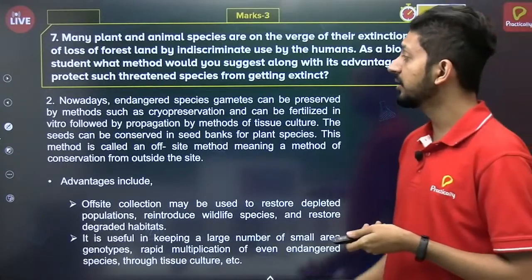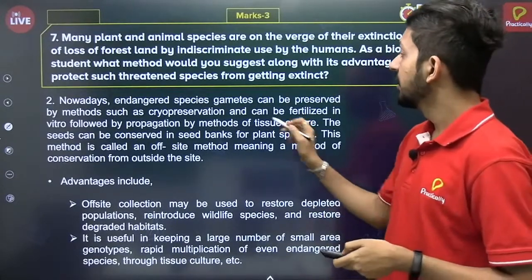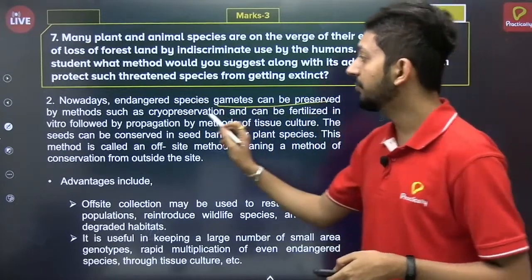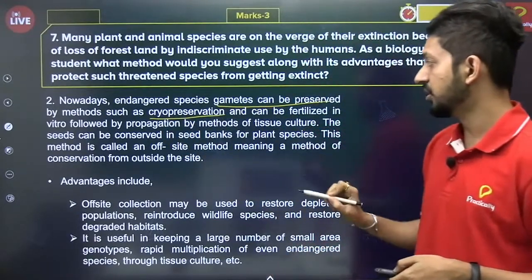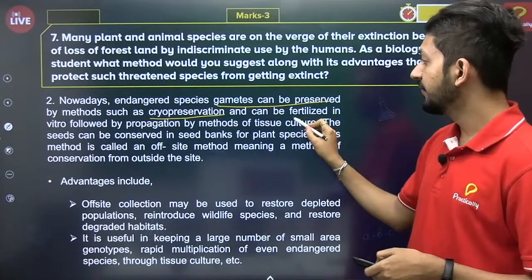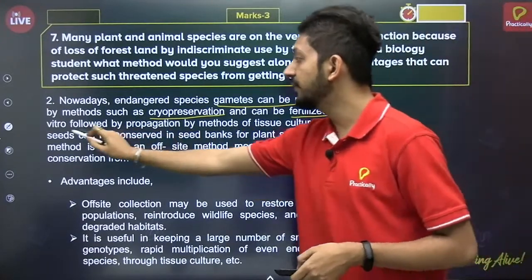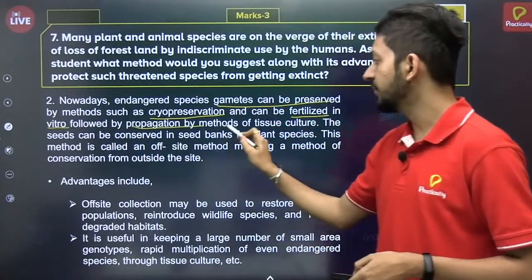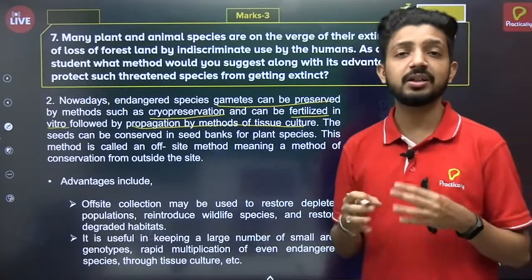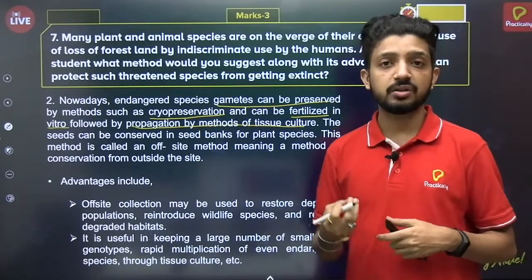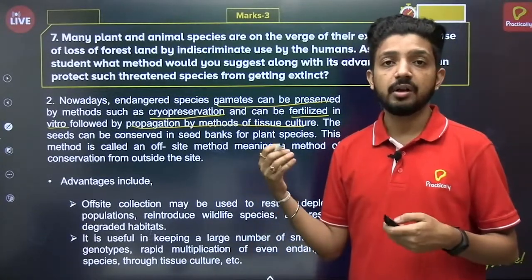Then another method is that gametes can be preserved by methods of cryopreservation, and can be fertilized in vitro followed by propagation by methods of tissue culture. So this is basically the use of biotechnology and science for protecting them.